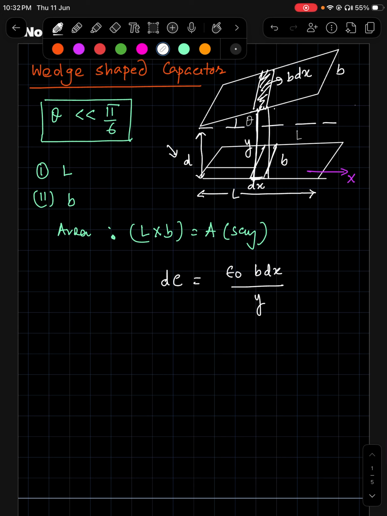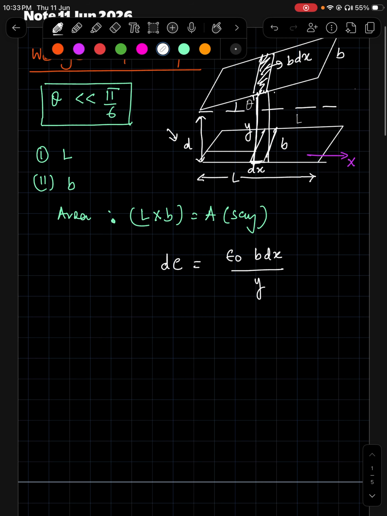Since dx is infinitesimally small, we treat this small capacitor as a parallel plate capacitor, which is why I have used the parallel plate capacitor formula for a strip.